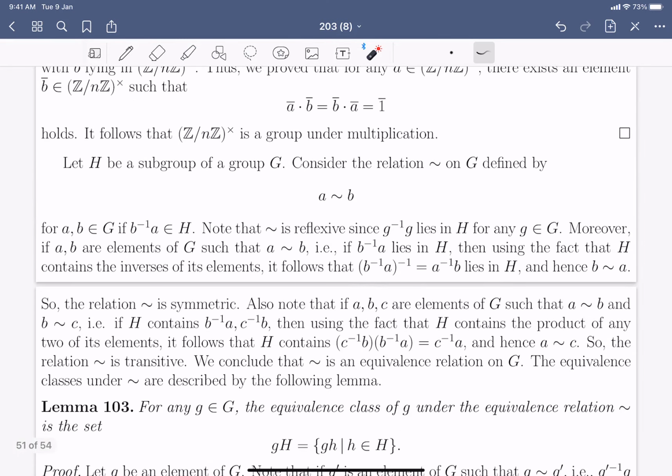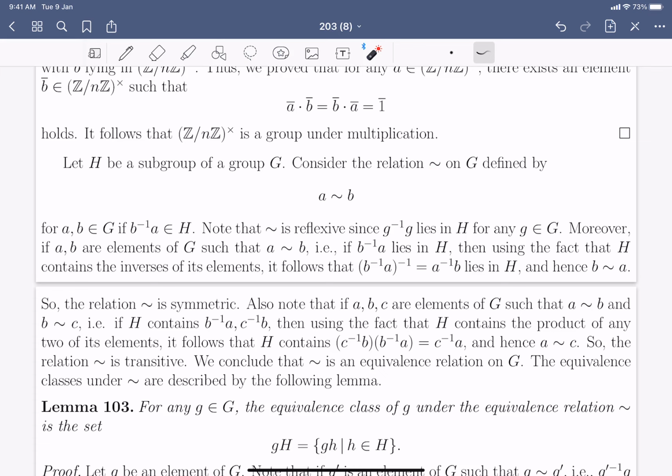Now let's discuss an equivalence relation that can be defined on a group in general. Earlier we defined an equivalence relation on the group Z, namely the congruence modulo n relation, and now we are going to define an equivalence relation on a group in general.